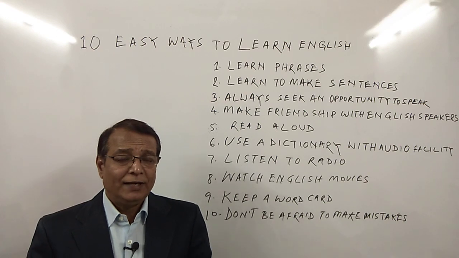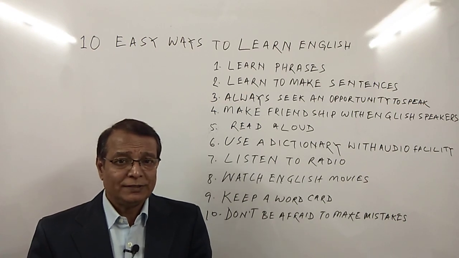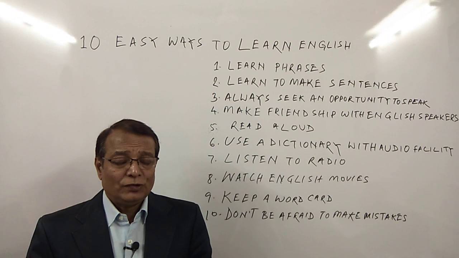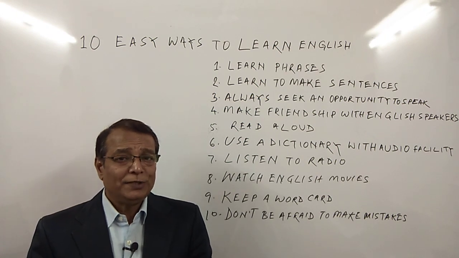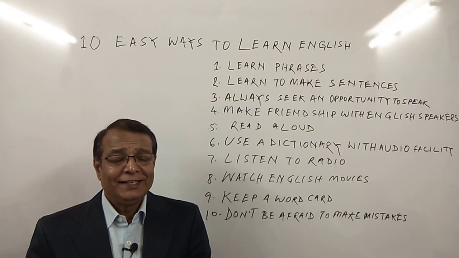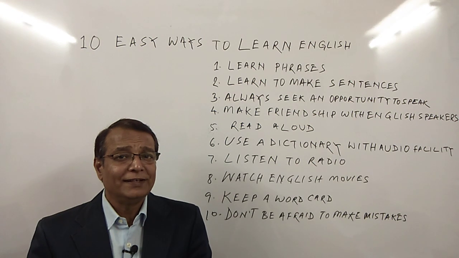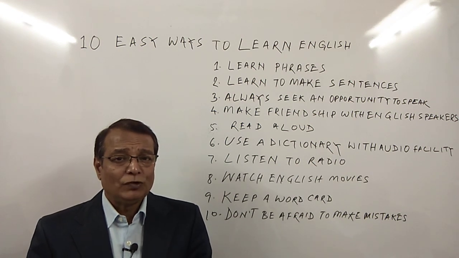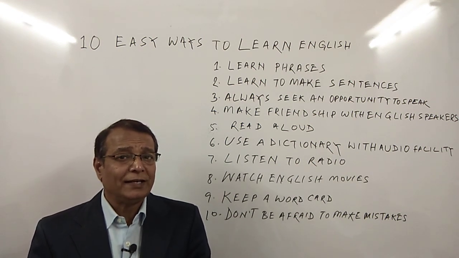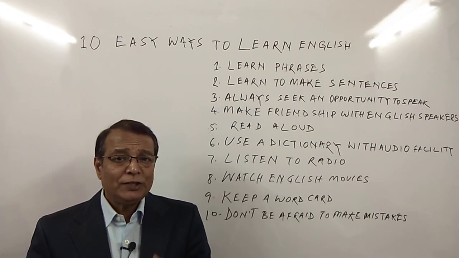Suppose I'm from India, I live in Gujarat, my mother tongue is Gujarati. So all day long I speak the Gujarati language. I do not get an opportunity to speak English. I think the same problem is faced by all English learners. They do not get an opportunity. So you have to find out the places and opportunities where you can speak English. Always try to seek an opportunity.